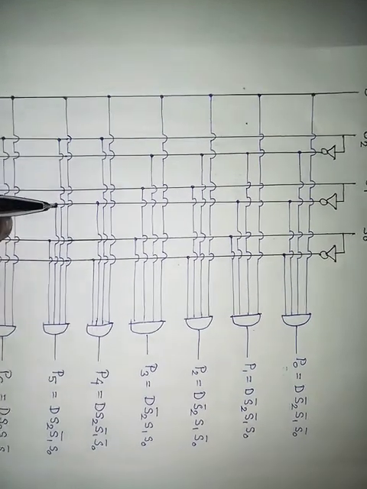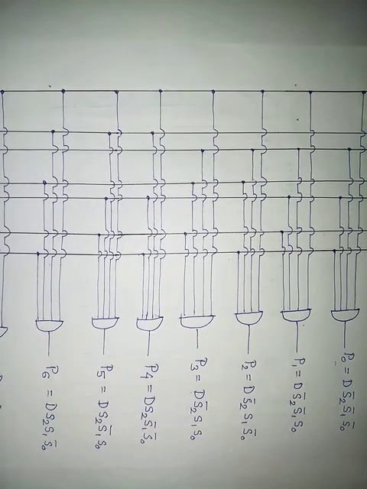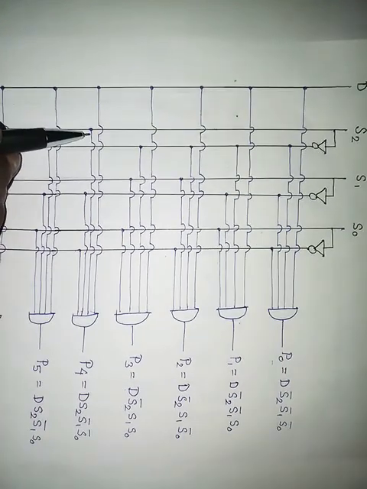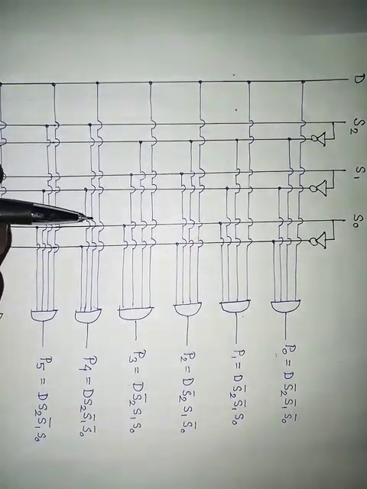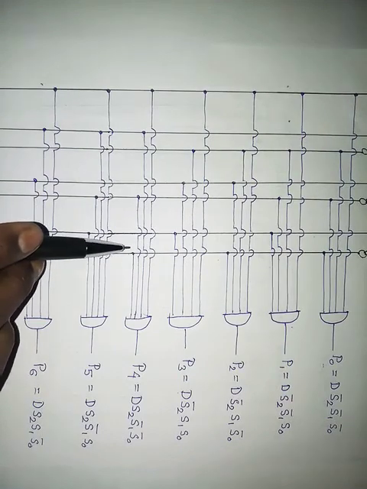Coming to the P4 part, in P4 part answer is 100, that is 1. See, our first term is 1, that is S2. Here S2 from the real line and S1 and S0 are from inverted line. See, here inverted lines are created.